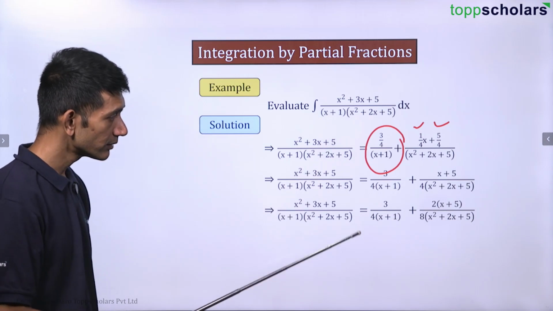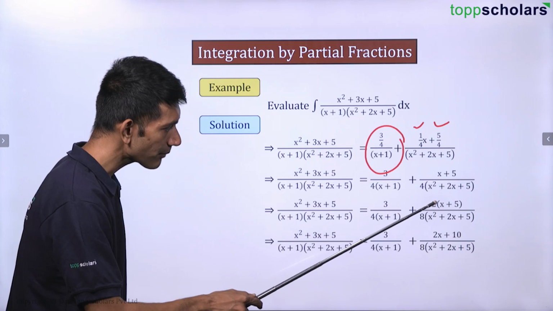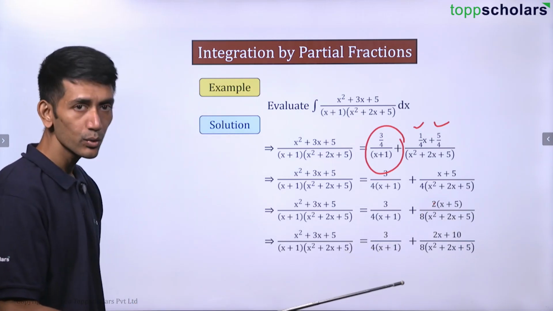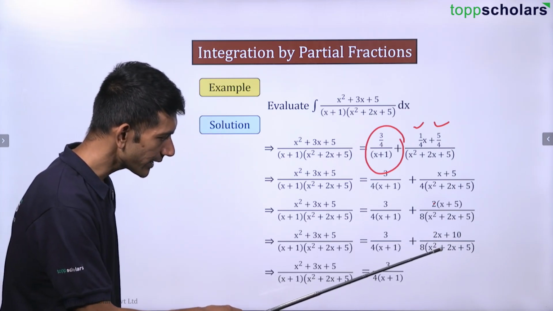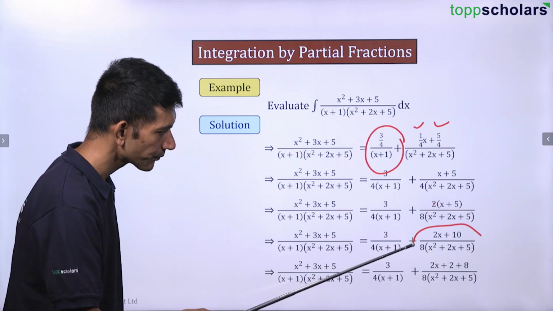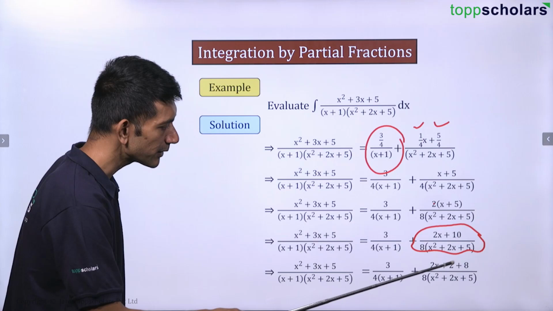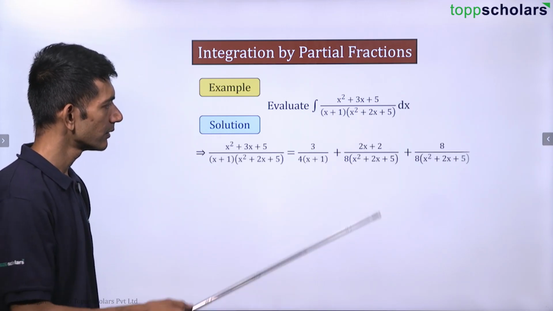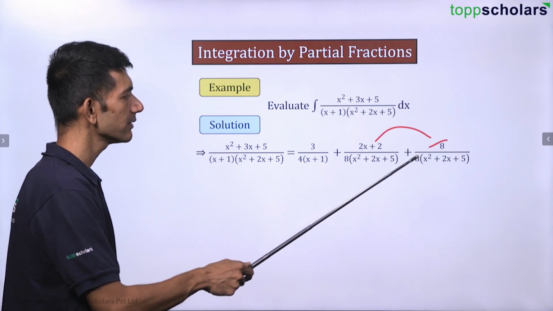And if you observe, here I'm multiplying by 2, dividing by 2. That becomes 2x plus 10. Why am I doing that? I'm doing this because here if you notice very carefully, observe this part. You can further write it as 2x plus 2 plus 8. We separated this, 8 gets cancelled.